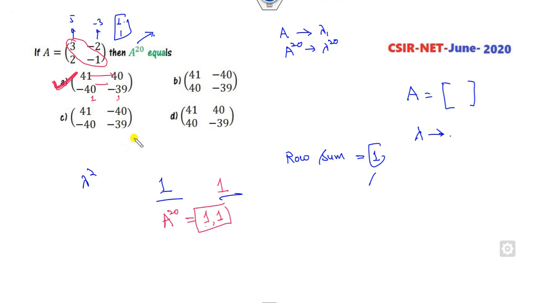Moreover, the trace will be 2, and one eigenvalue is 1, so the other is also 1. The options that are not 1 are wrong, so both of these are correct options of this problem. You can see two options are correct.